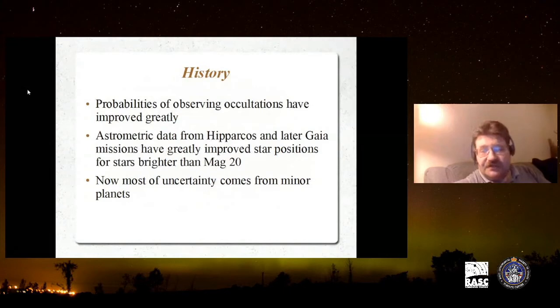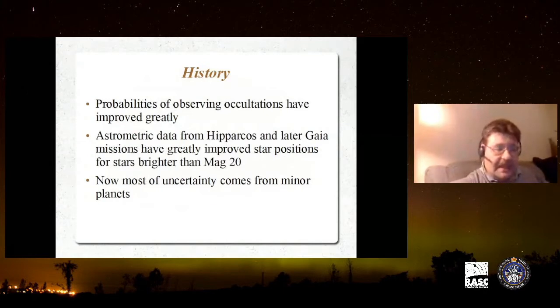So now most of the uncertainty for the position of an asteroid occultation comes from the asteroid itself. We don't quite know its exact orbit. However, this is one of the things that asteroid occultations help to solve, because if we know the star's location to a high degree of accuracy and you know where you are on Earth, then, well, logically, you know exactly where the asteroid is because it's in between the 2.